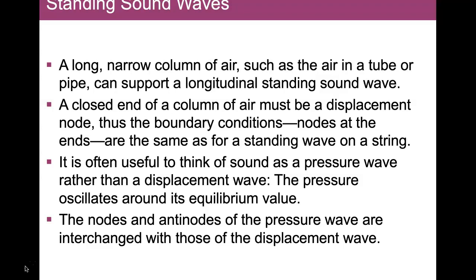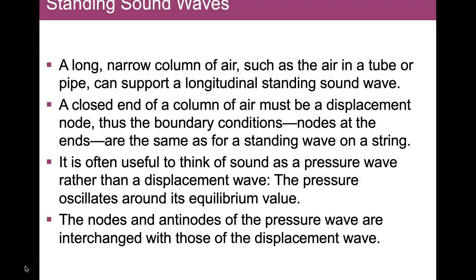But if the air is confined in a narrow, long tube, it's basically a quasi-one-dimensional universe for the sound waves, and they can just propagate back and forth inside it. So that can support these one-dimensional longitudinal sound waves. And now, if the end of this tube is closed, then the air molecules there cannot move.